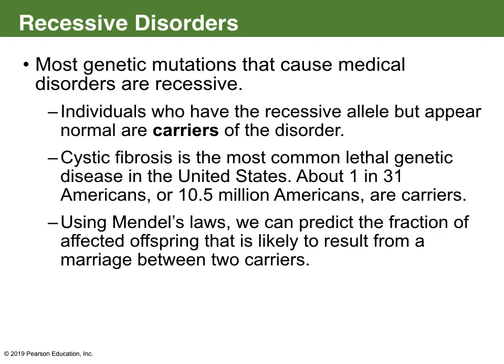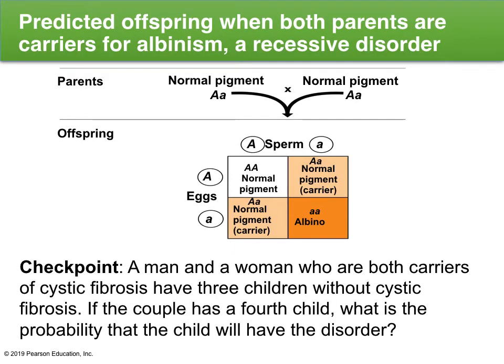Now, using Mendel's laws, right, straight Mendelian, normal, 2 possibilities, 1 gene controlling a character, we can predict the fraction of affected offspring that is likely to occur from a marriage between 2 carriers. So let's say we're looking at this individual one. Predicted offspring with both parents being carriers for albinism, right? So normal pigment in both parents, but they are carriers.